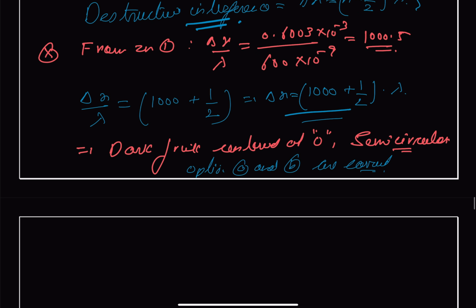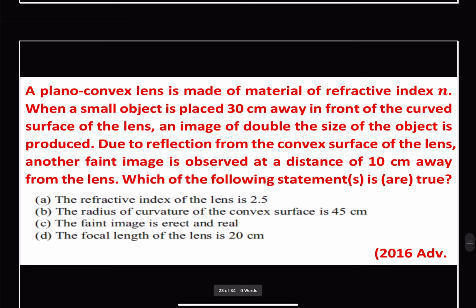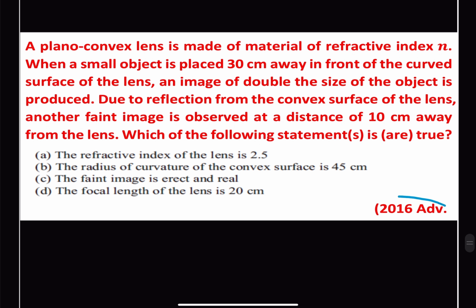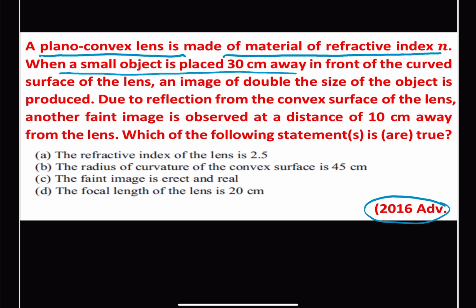We come to the next question. It was asked in the 2016 Advanced, and it states that a plano-convex lens is made up of material of refractive index n. When a small object is placed 30 cm away in front of the curved surface of the lens, an image of double the size of the object is produced.